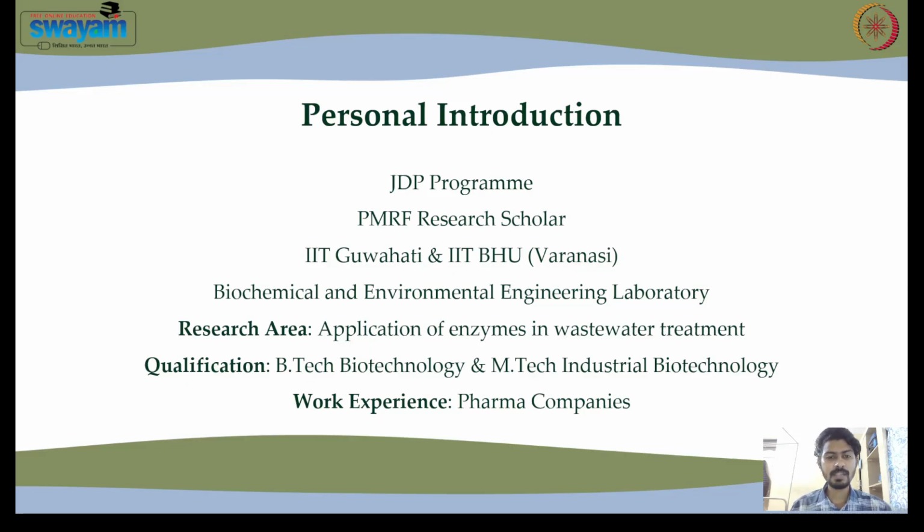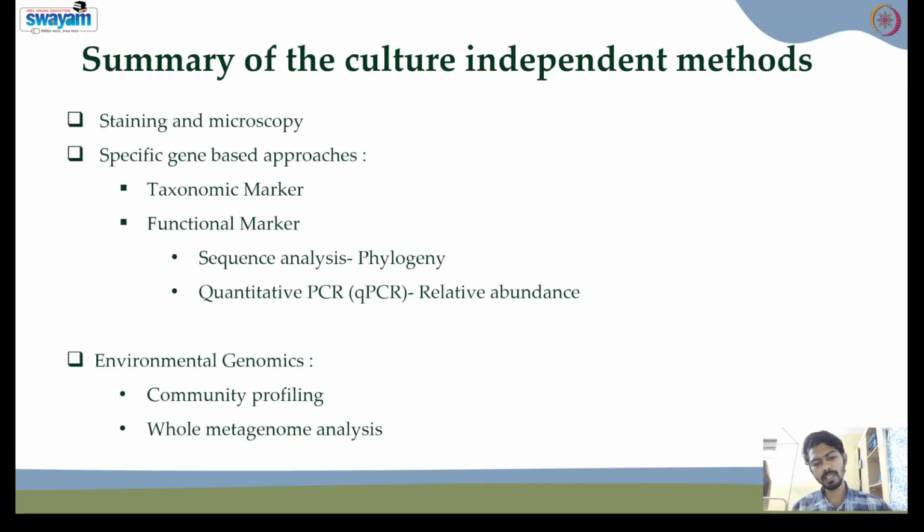So now let's dive into the week 8 lecture recap. In the last class, we saw some important concepts, which is methods of microbial ecology. We discussed one anomaly, the great plate count anomaly.